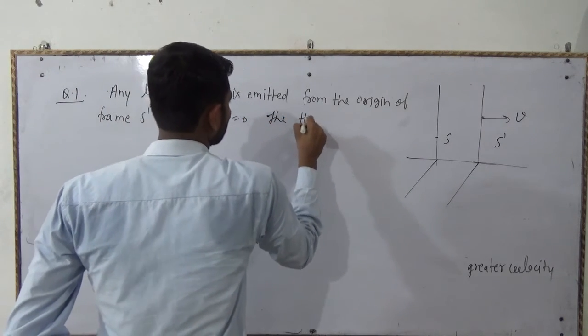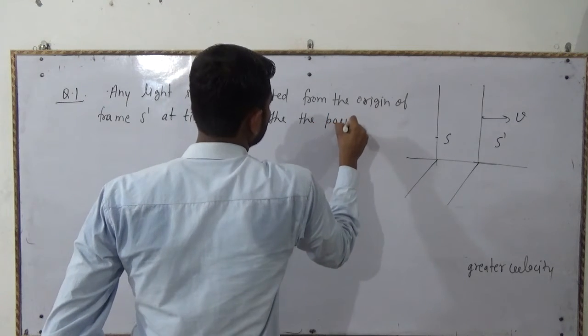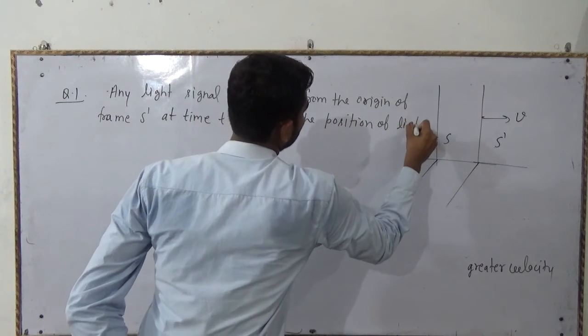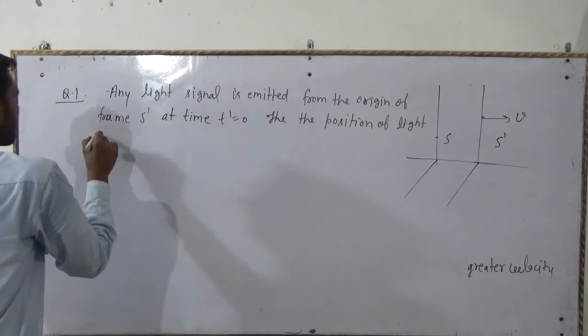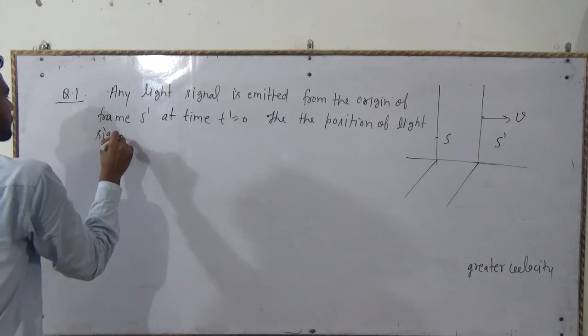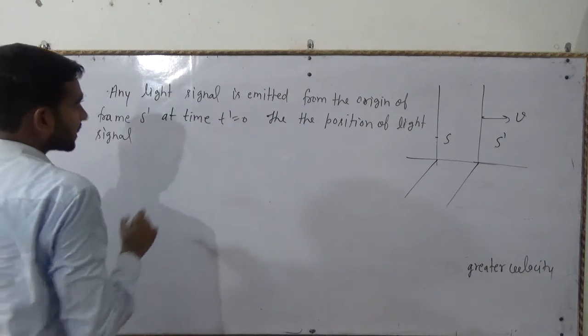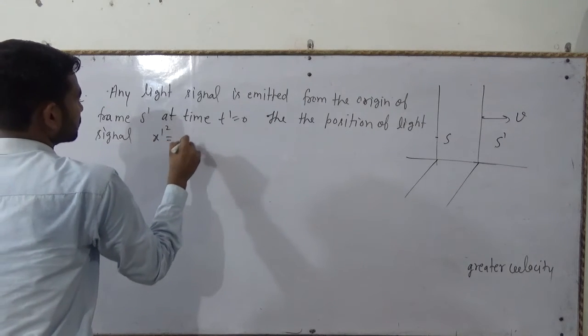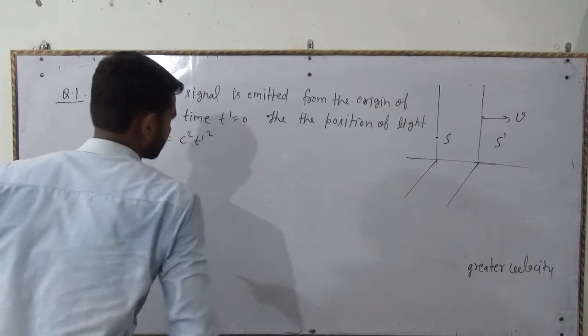Then the position of the light signal is given by x dash square is equal to c square t dash square.